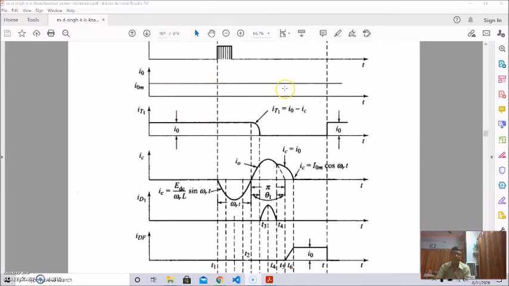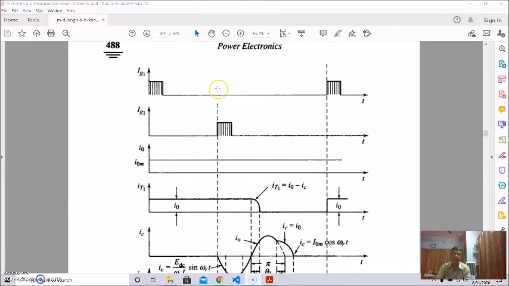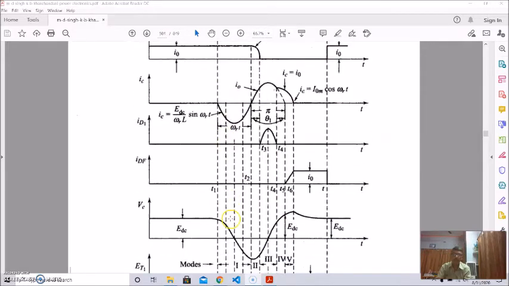This is the maximum value of the load current, the output current, and this is the gate signal given to the gate of thyristor 1 to turn it on, and this is the gate signal given to thyristor 2, the auxiliary thyristor, to turn it on. So this is at T1.